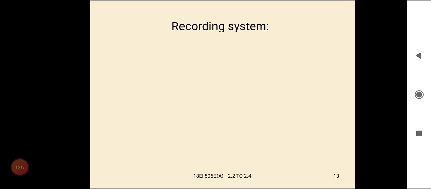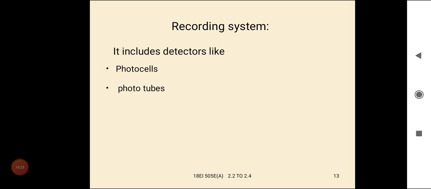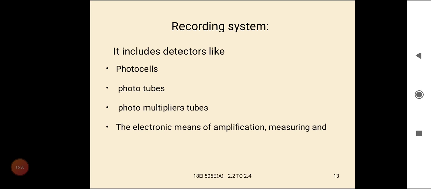Recording system. It includes detectors like photocells, phototubes, photomultiplier tubes, and the electronic means of amplification, measuring and recording.